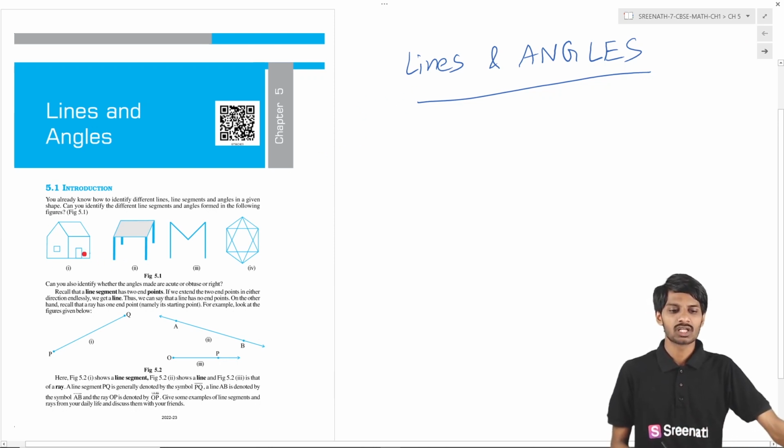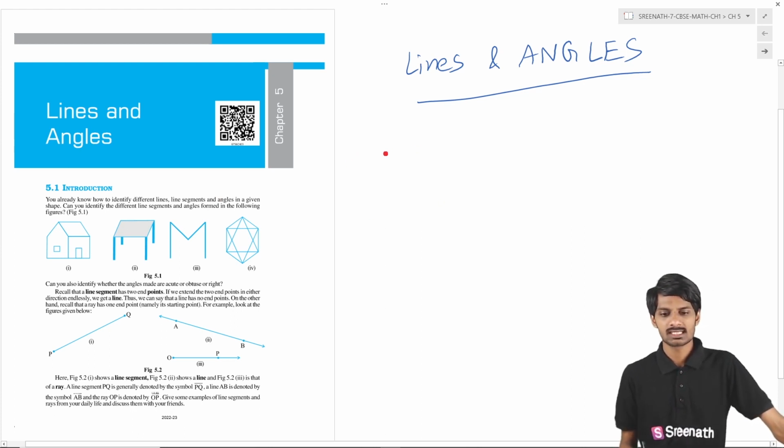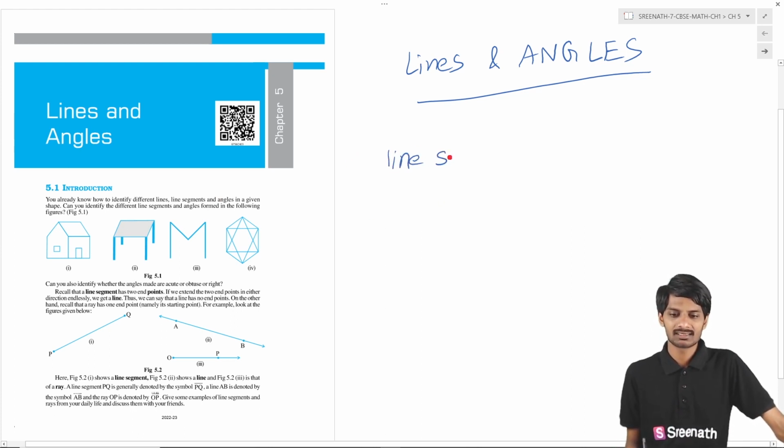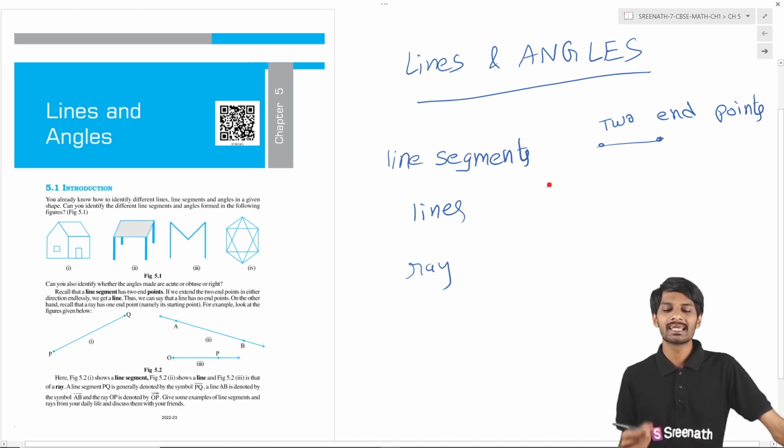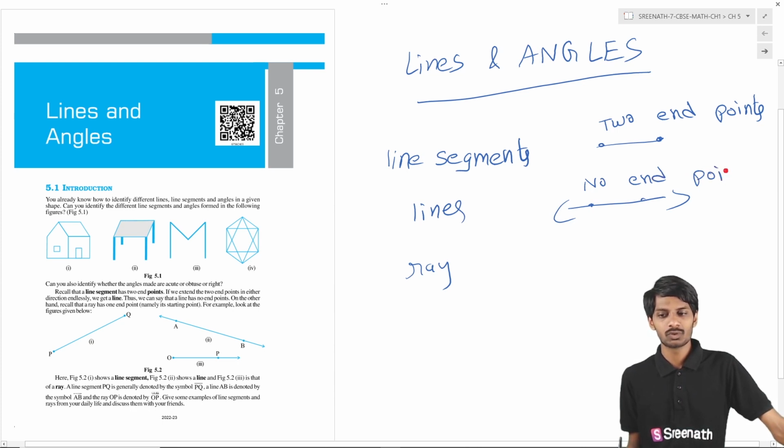In the introduction, previously we know about line segments, and we know about lines, and we are also familiar with rays. A line segment has two endpoints, and if you extend the line segment beyond the two endpoints, you will get a line. So there are no endpoints in a line.